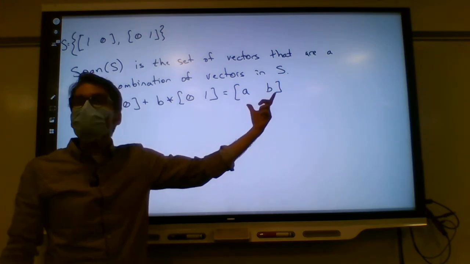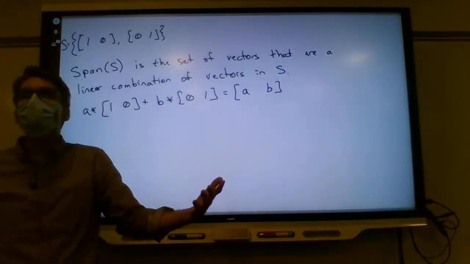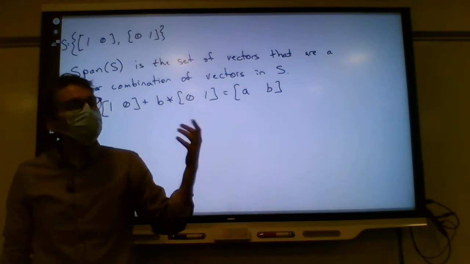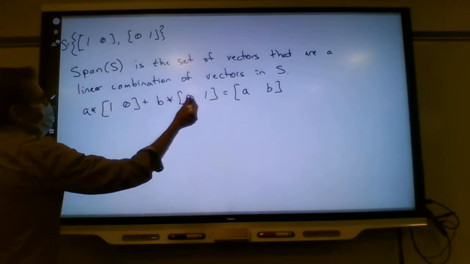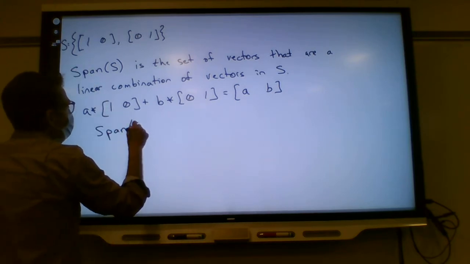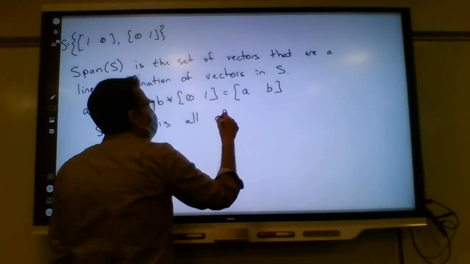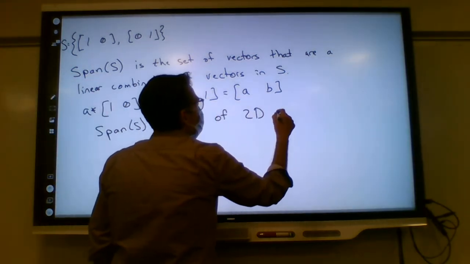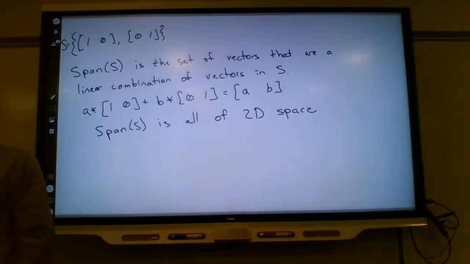Any two-dimensional vector that we want, right? We pick A to be the first component and B to be the second component, and we can create any two-dimensional vector that we want. And so what is the span of S for this set S? The span of S is all of 2D space.